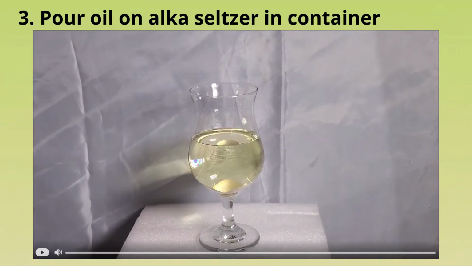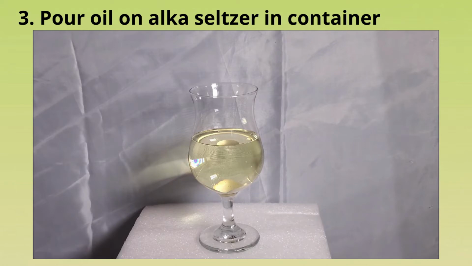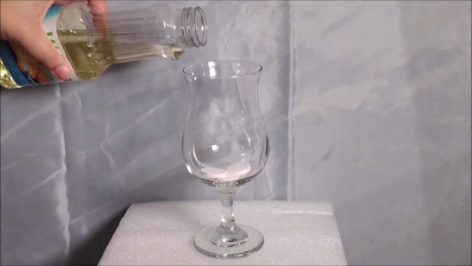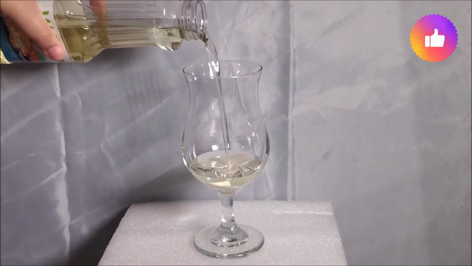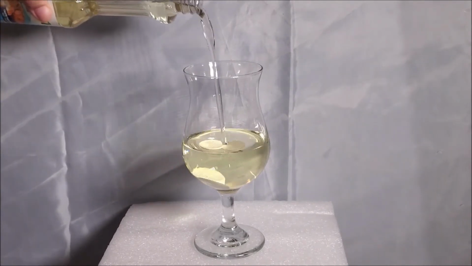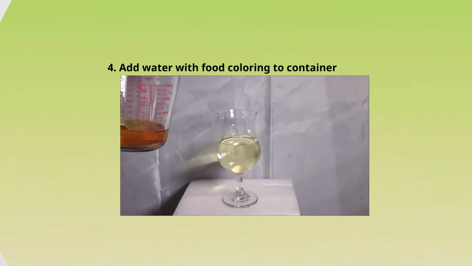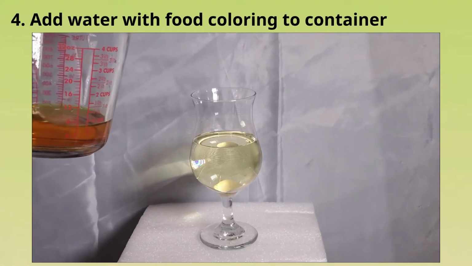Step 3. Pour oil on the Alka-Seltzer in the container. And finally, step 4. Add water with food coloring to the container.